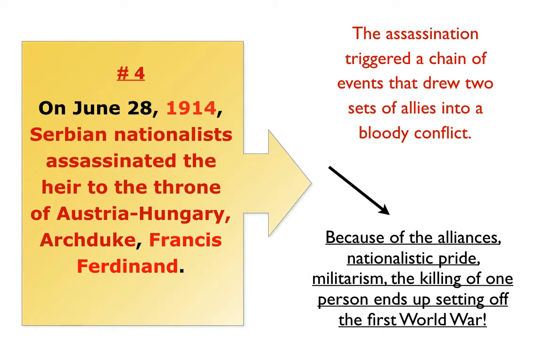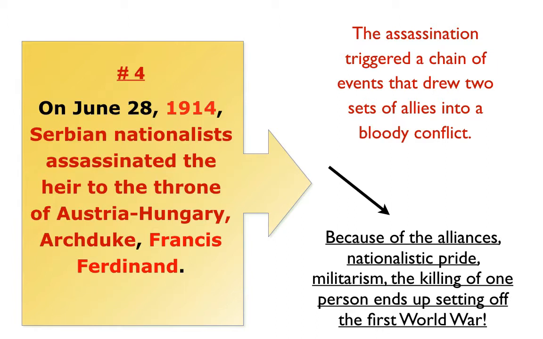If we look at the immediate trigger for the war, this is it right here. I would make a mental note of this. What's really going to cause the war to start is the Archduke of the Austro-Hungarian Empire, and an Archduke is essentially another word for a prince.